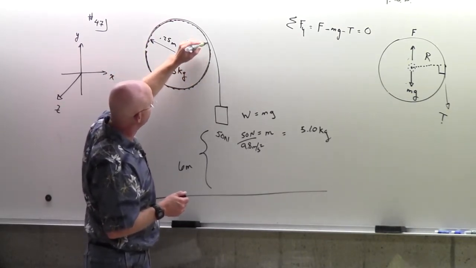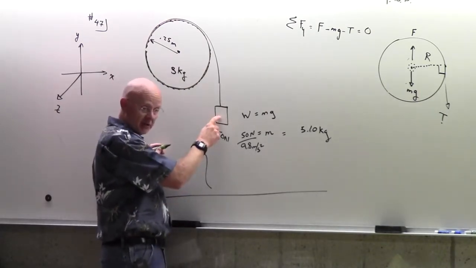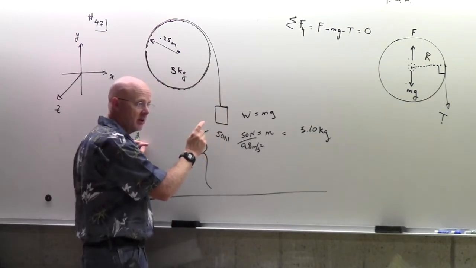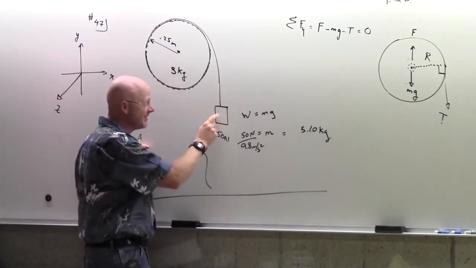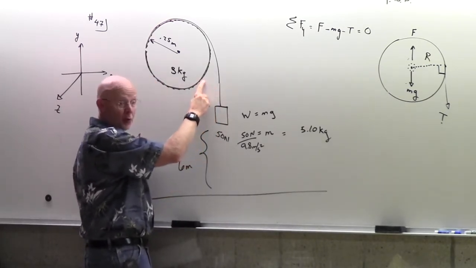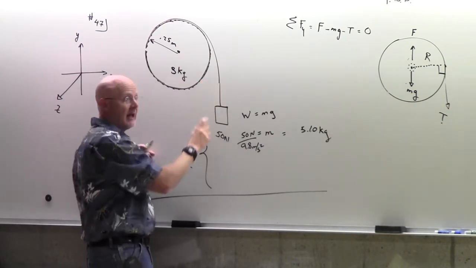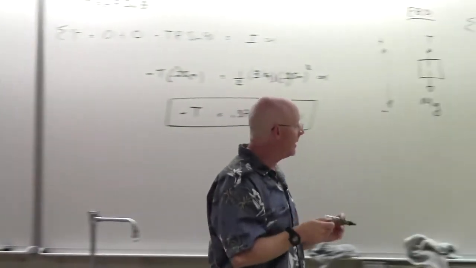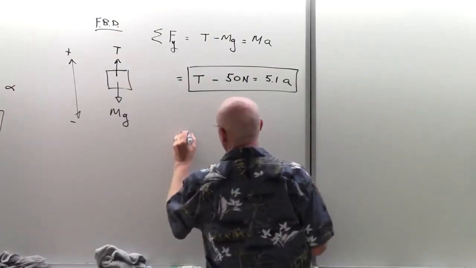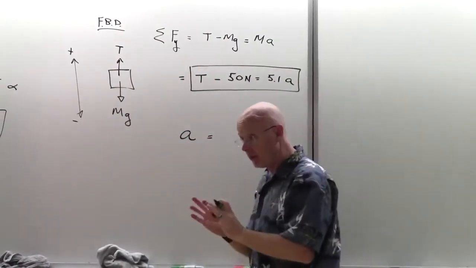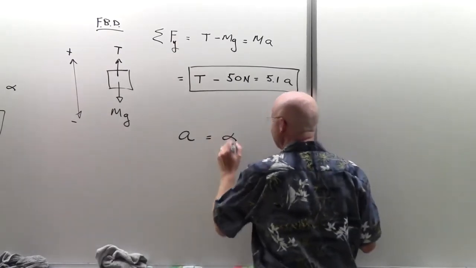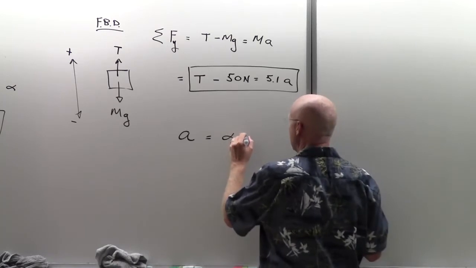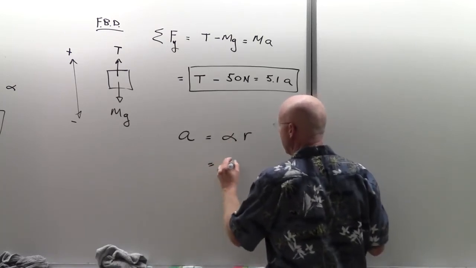And that's a nice way of saying that the motion of the string, which is tied to the rim, has the same acceleration of that weight. So the acceleration of this weight is the same acceleration of the rim. And there is a mathematical connection between the acceleration of any part of a rotating object and the angular acceleration based upon what is the radius to that object.